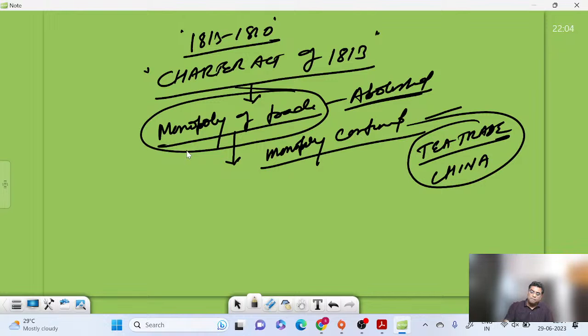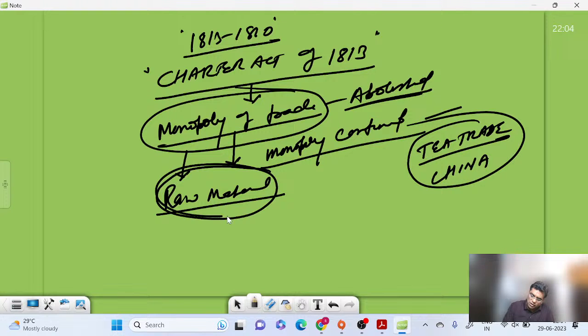Therefore, many companies of England entered India. They exploited raw material in order to fulfill the requirements of the British Industrial Revolution, right? So they took the raw material.